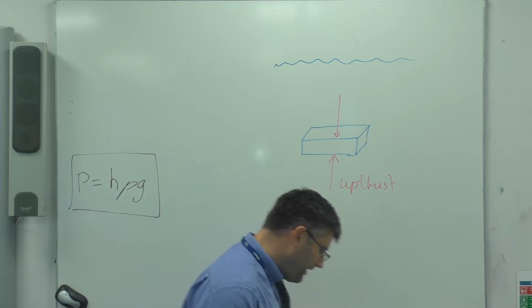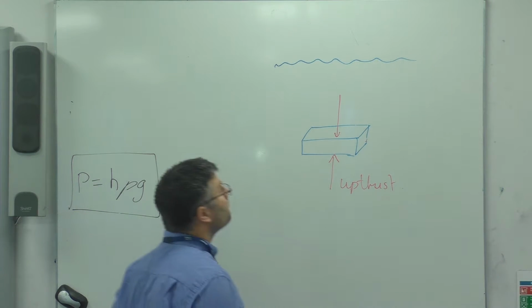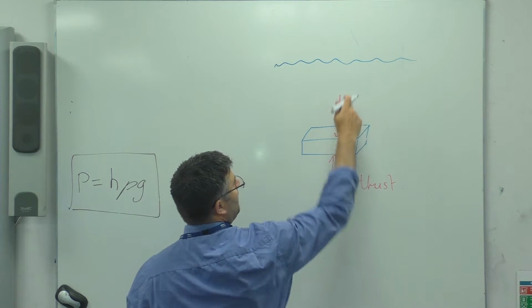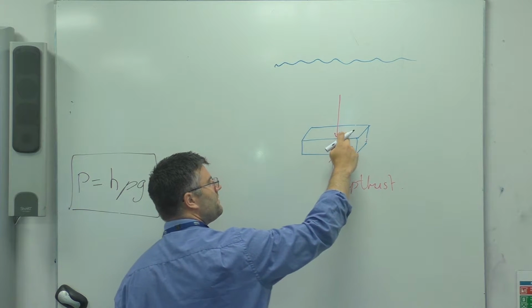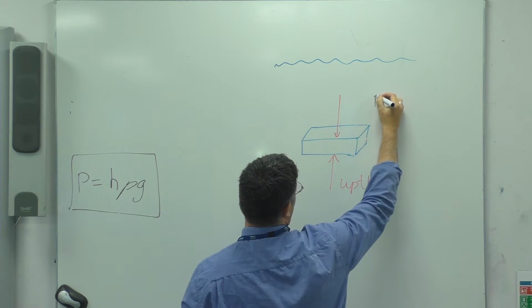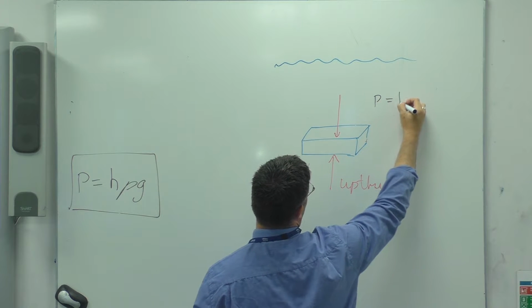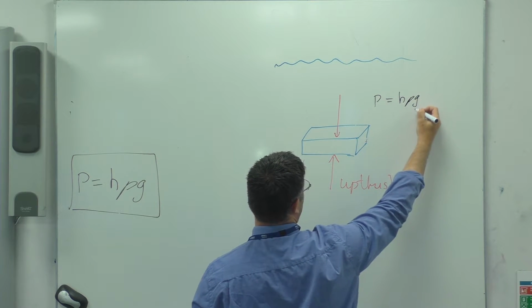So what we have here is the force down. In the previous video we worked out that the pressure downwards was equal to h rho g.